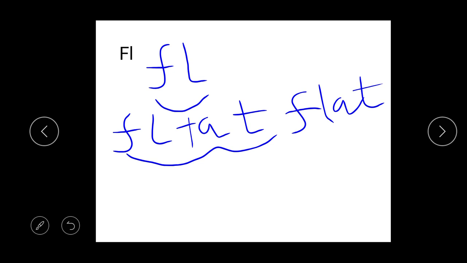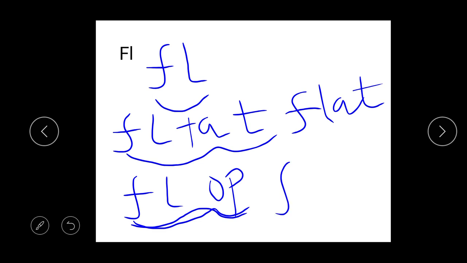Another example is you put your fl, then you put your or. So what do you have? You have floor, flop. You have flop.